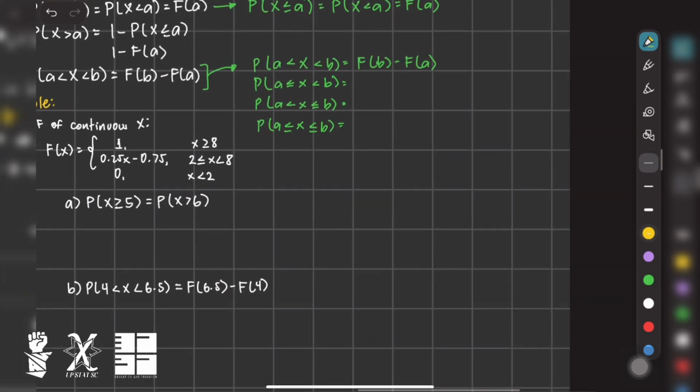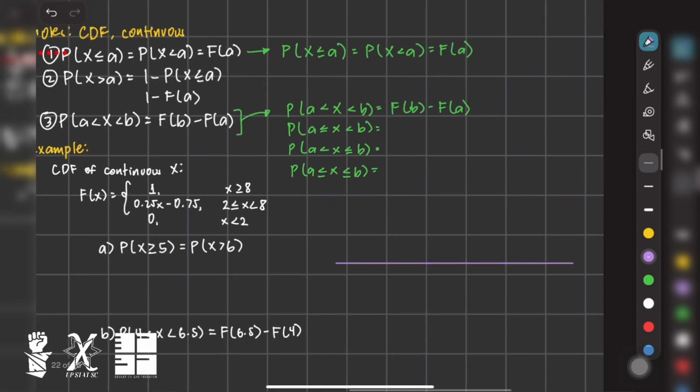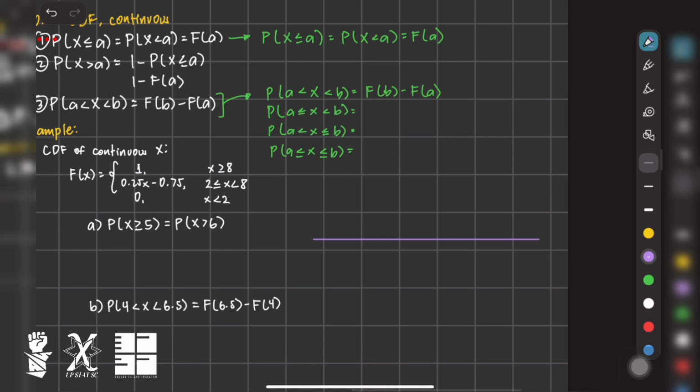To illustrate, you can imagine, for example, your function is like this.